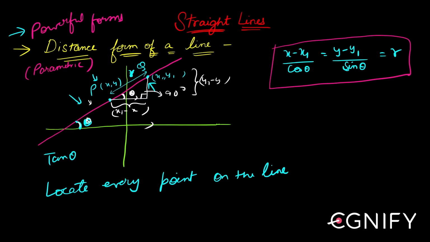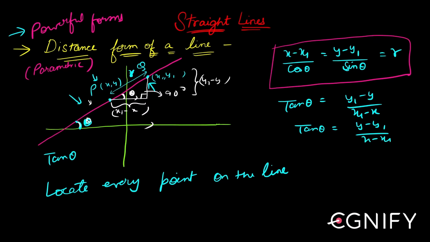And this you can always explain to yourself because we've been using this again and again. So what is tan theta in the triangle? Tan theta is nothing but y1 minus y by x1 minus x, or you can also write this as y minus y1 divided by x minus x1.